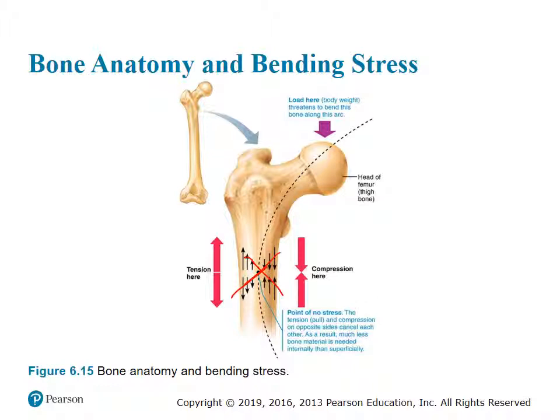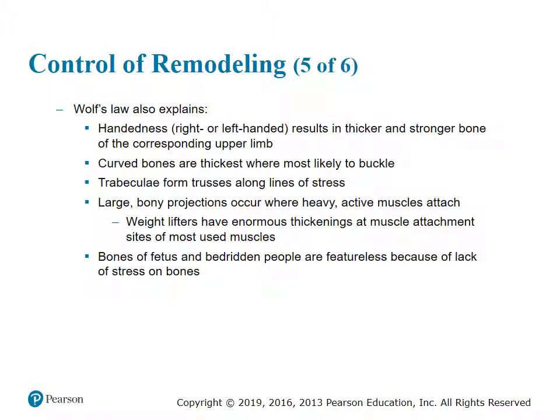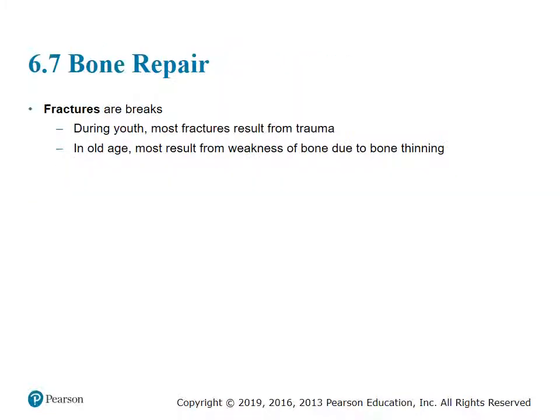And because of that, the bone will respond by putting down bone tissue. Bone tissue will be added in that area and will cause it to be thicker there or grow a little bit in length, but not too much, right? So point of stress there, you'll see that. Okay, move on from there.